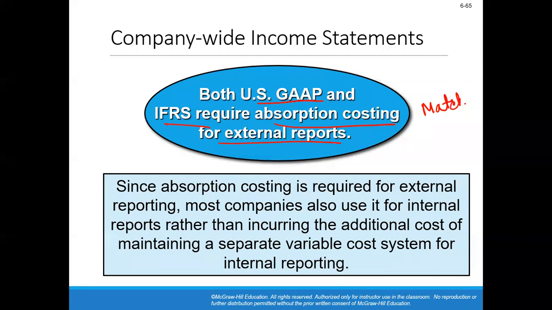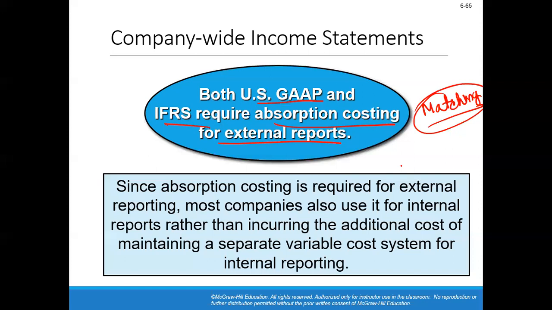Again, someone asked me why absorption costing is more consistent with the accounting standards. It is because of this. So that's why they prefer absorption costing rather than variable costing, and it is a regulatory requirement to use absorption costing to comply with the accounting standards.